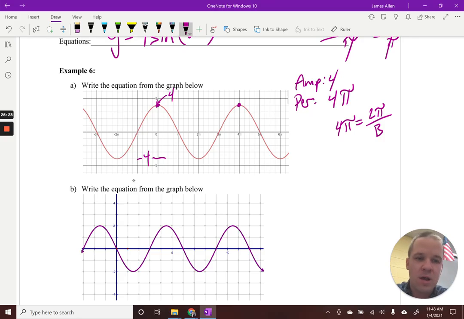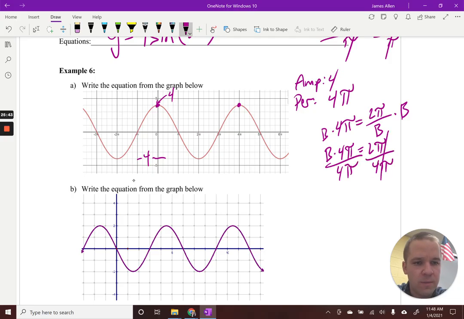Some textbooks use that. The online book uses omega instead. And then I'd multiply by b. So now I have b times 4 pi is equal to 2 pi. Divide by 4 pi. The pi's cancel. That's all gone. And that reduces to 1/2.